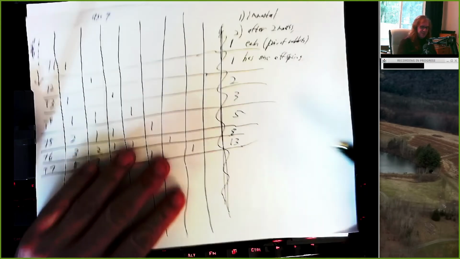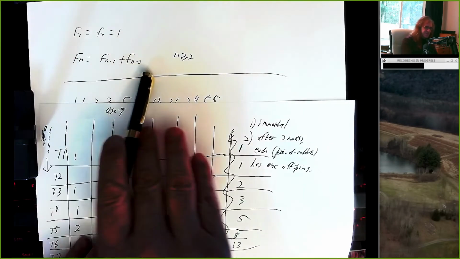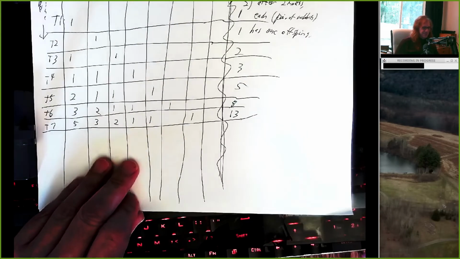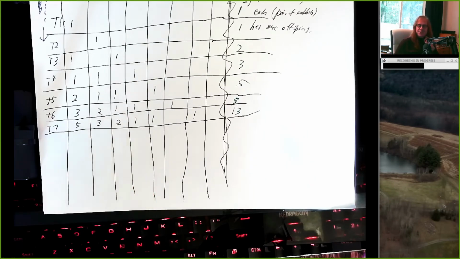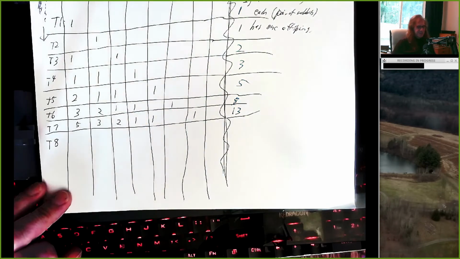But why is this related to rabbit population? Why are we getting this growth in population that conforms to this recurrence relation? And if you think about the mechanics of population growth here, it pops out pretty easily. So let's imagine we were trying to find the population at time 8.